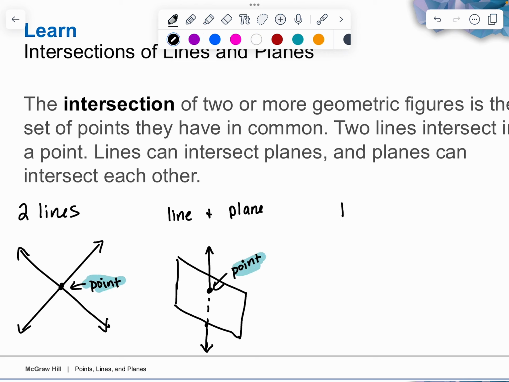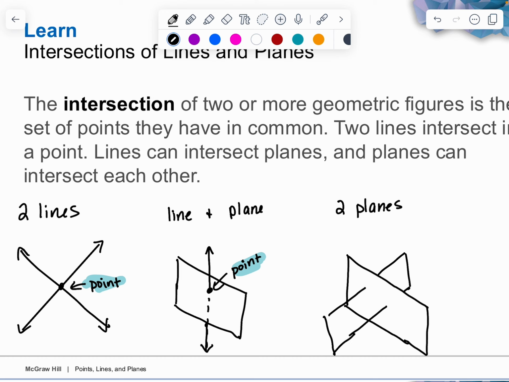And then if we have two planes, now this one always gets me tricky here for drawing. Let's see if I can do it. It's going to come through it.